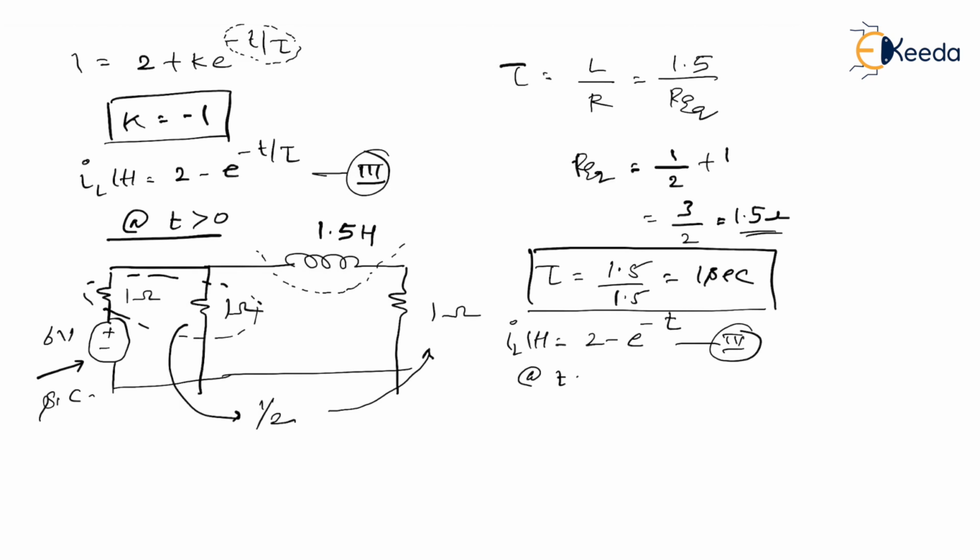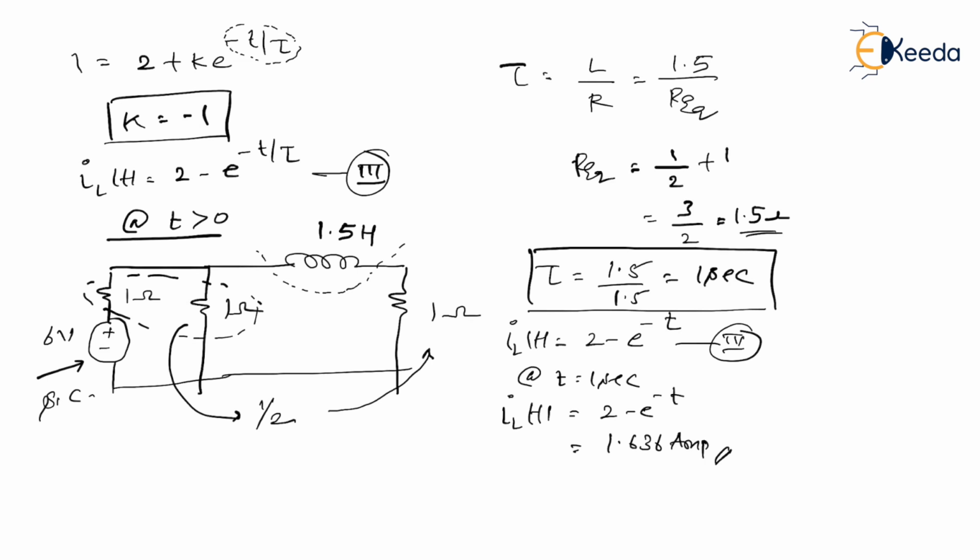So at t equal to 1 second, you should substitute t equal to 1 here. Effectively, IL of t will become 2 minus e to the power minus 1. You can just substitute these values in the calculator, you'll get 1.636 ampere. So this is the final answer. IL of t at t equal to 1 second is 1.636 ampere.